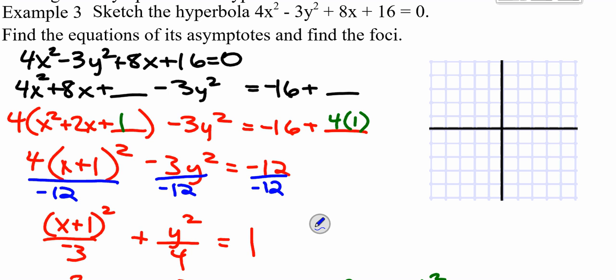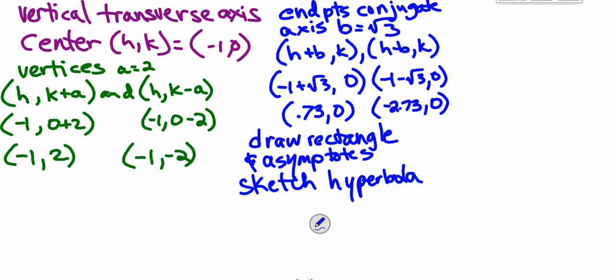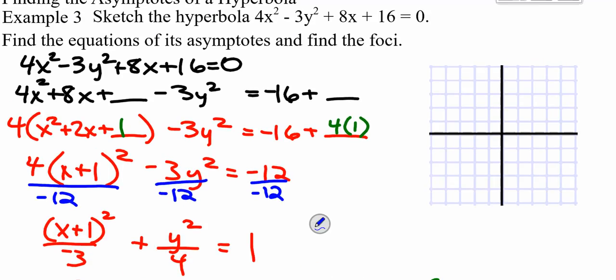So our center is at -1, 0. We'll put that right there at -1, 0. And we have vertices at -1, 2, and we have one at -1, -2.